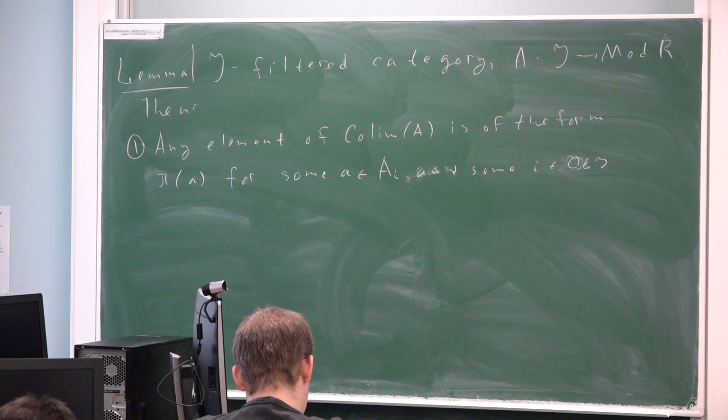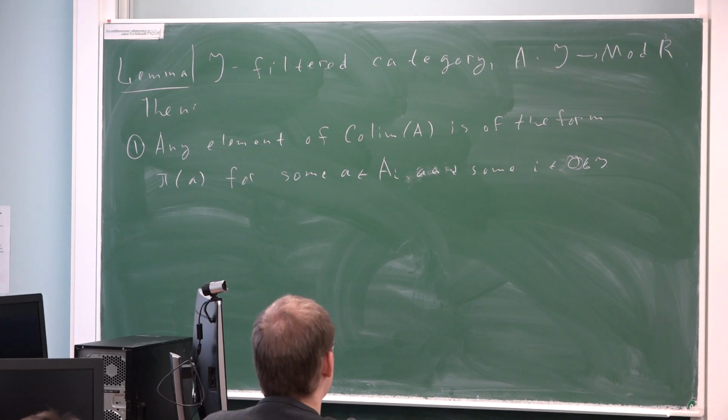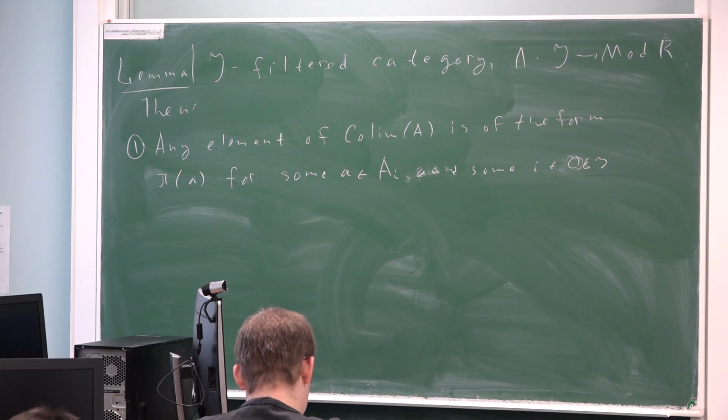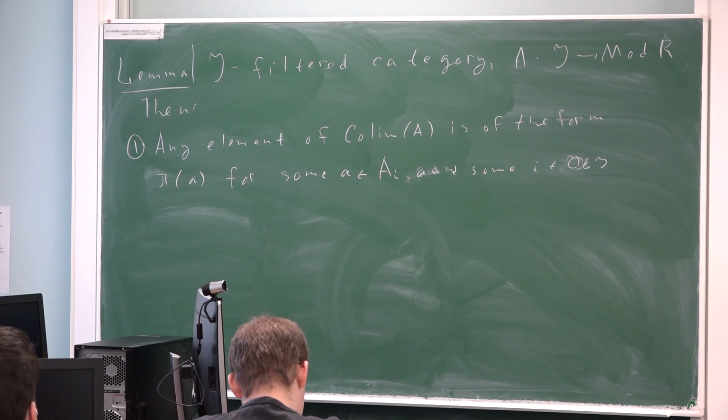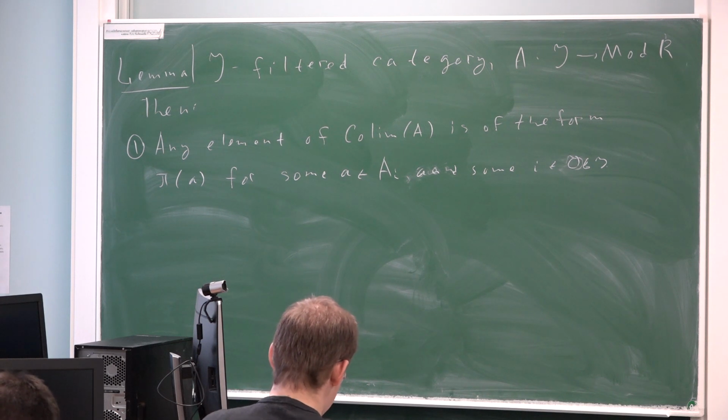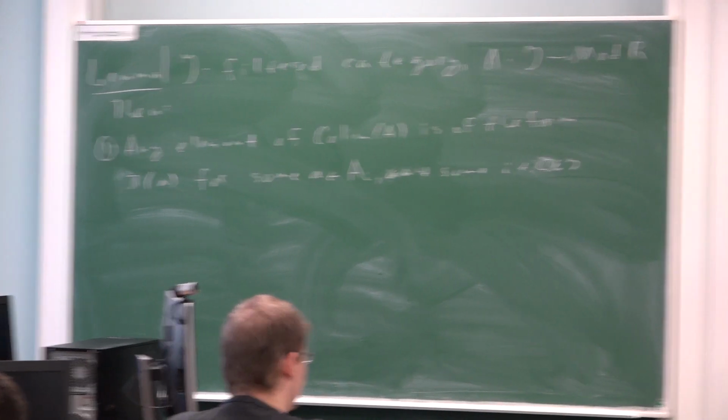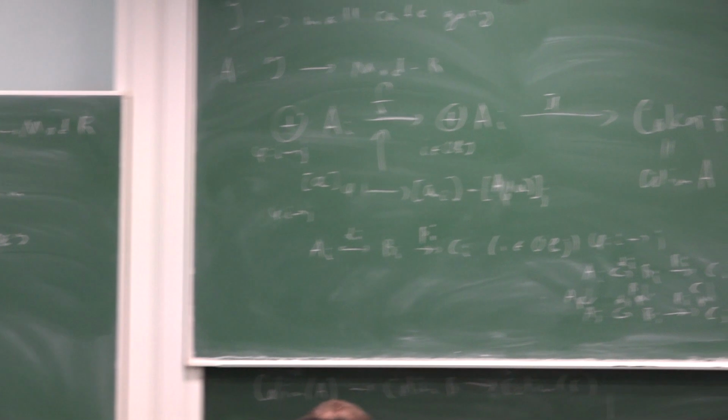So if the category is filtered, then any element here is an image under pi of some element from some component, not from the direct sum.